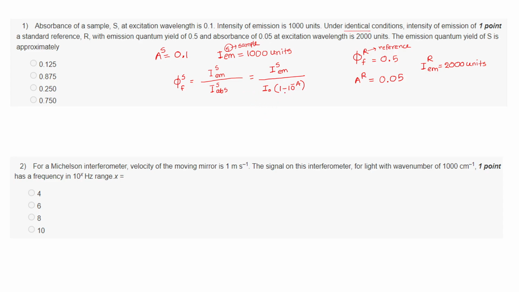Okay. So did you use the similar concept to solve this? I hope so. Yes, I actually use that phi emission sample divided by phi emission reference. Okay, very good. So for those who will see this on the internet or YouTube, maybe I will just do this quickly. So this is also I reference emission by I naught. So this I naught is common.